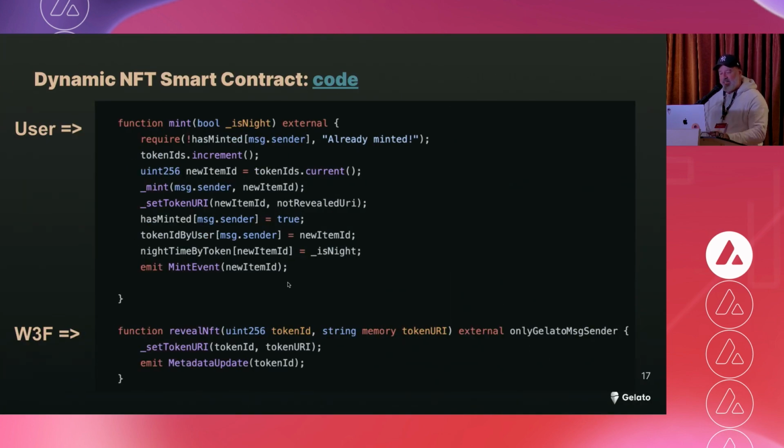Okay, then that is actually what happened. We minted our NFT. And here we can see that this is nothing special. We put our not reveal URI, which is a placeholder image, in the NFT, and we emit the event that a new NFT has been minted.